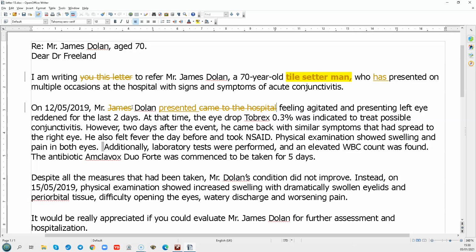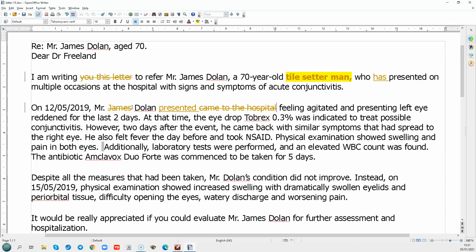So, on the 12th of the 5th, Mr. Dolan presented, feeling agitated, and now, what was the main complaint here? Would you really come to the hospital and say, oh, I feel agitated? Well, no. You would come with a left eye. So his left eye had been red for the last 2 days, which made him feel agitated. But that's not the main issue. He's not going to come to hospital saying, I'm so agitated.